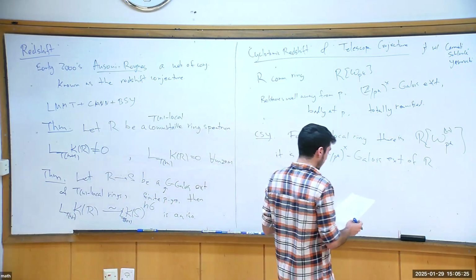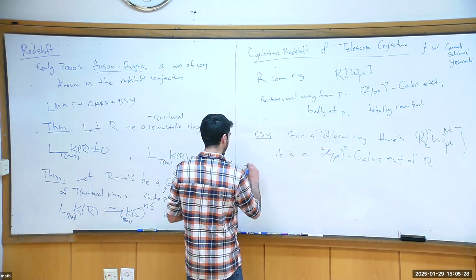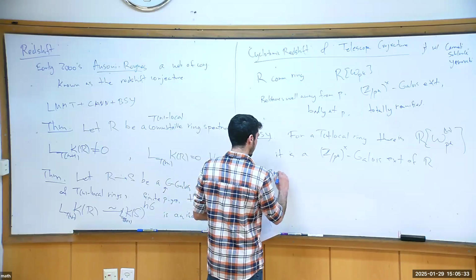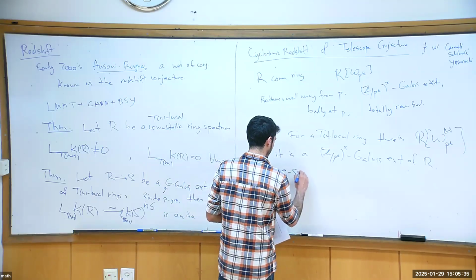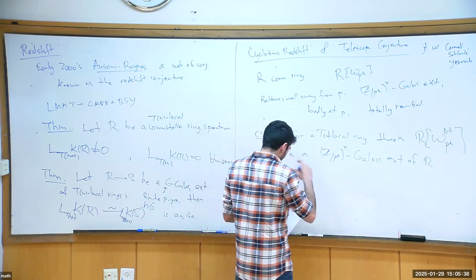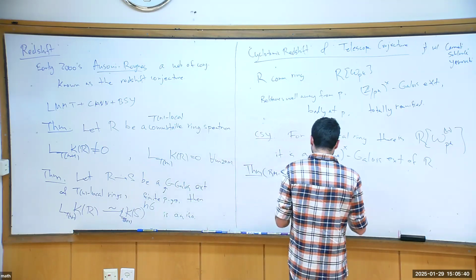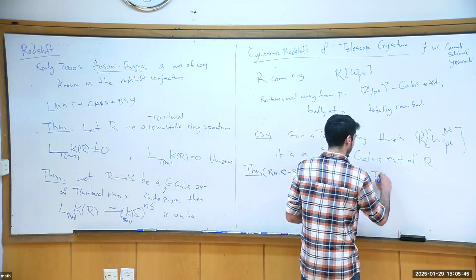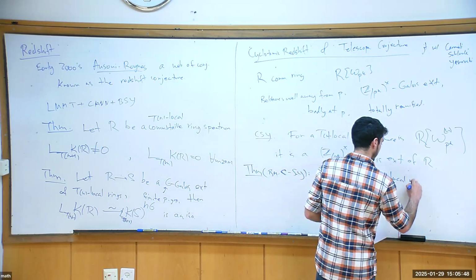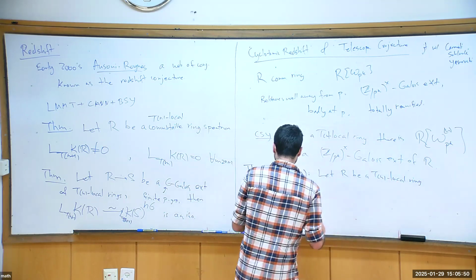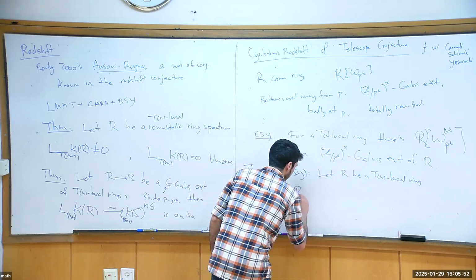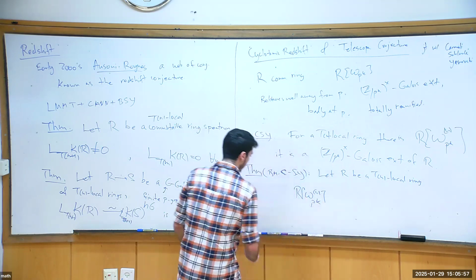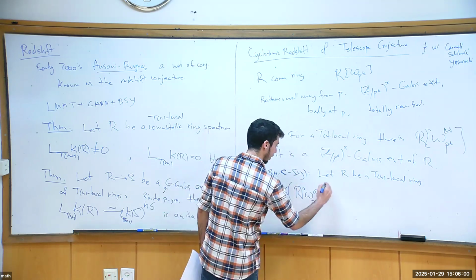And then we have the following theorem. This is a consequence of our main theorem. So let R be a T_n local ring. Then one thing you can do, you can look at this cyclotomic extension and you can take its K theory.